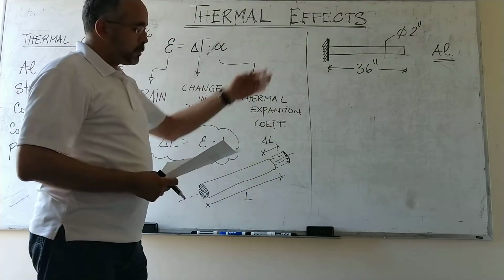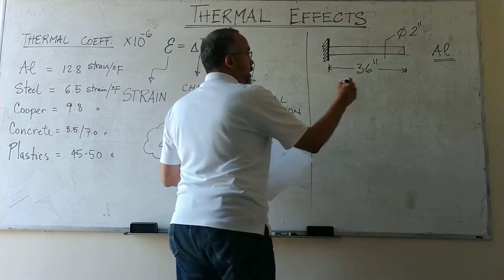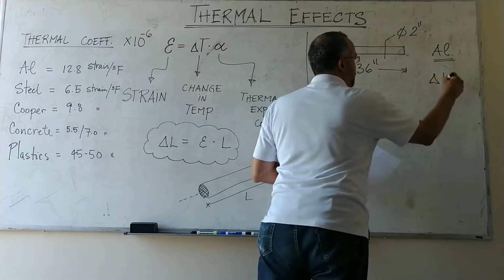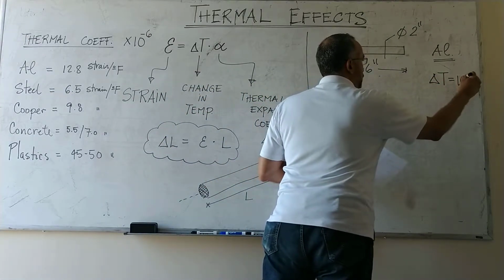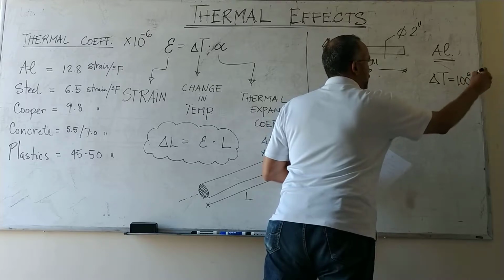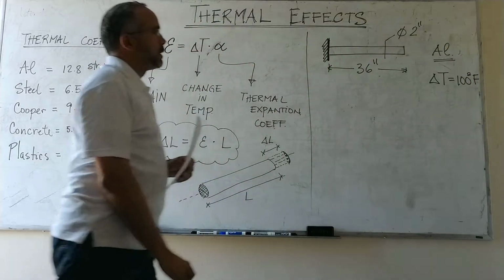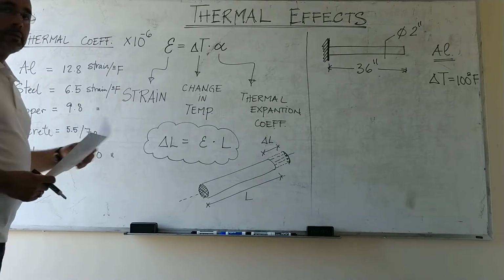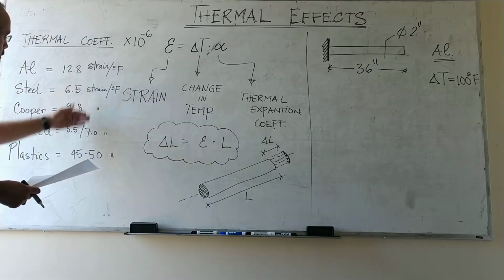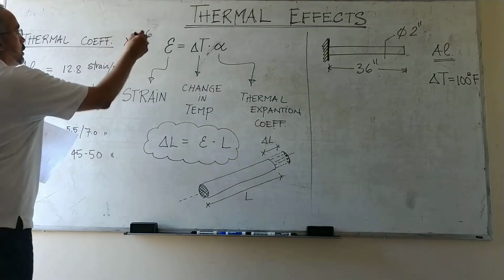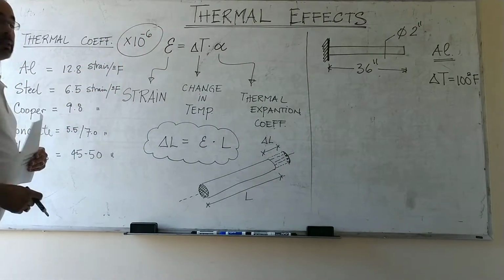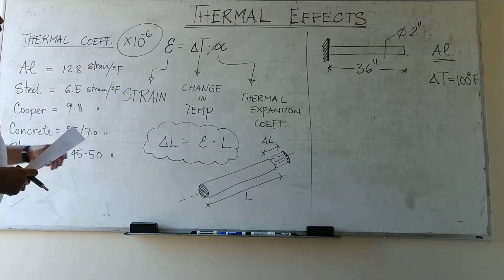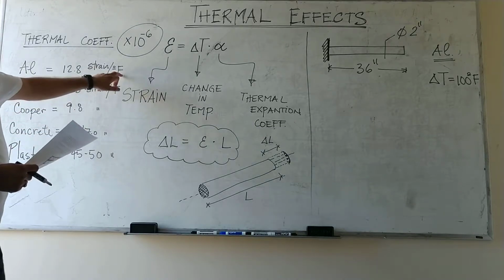So say this bar experiences a change in temperature of 100 degrees Fahrenheit. And I must say that these values given here are all multiplied by 10 to the minus 6. Right? And this is strain per degree Fahrenheit.